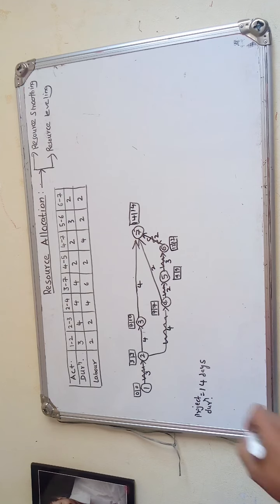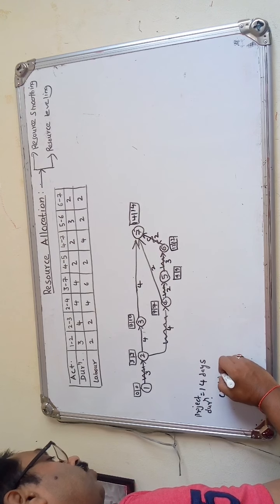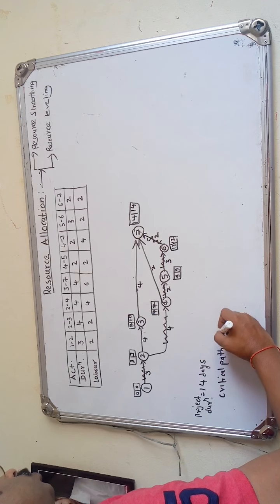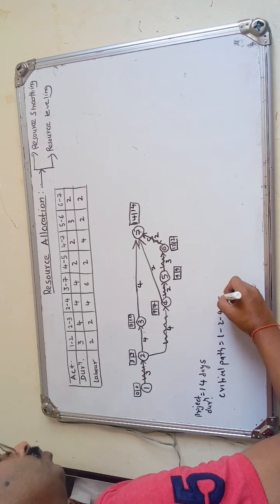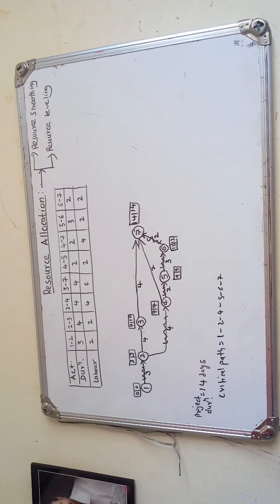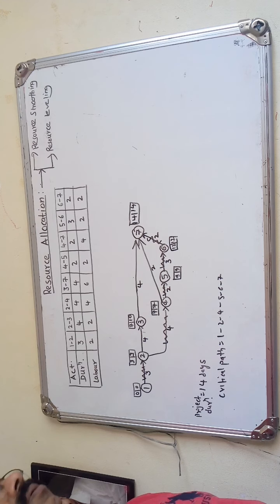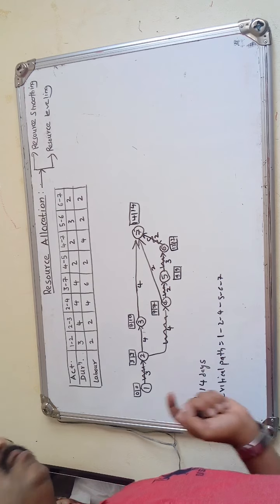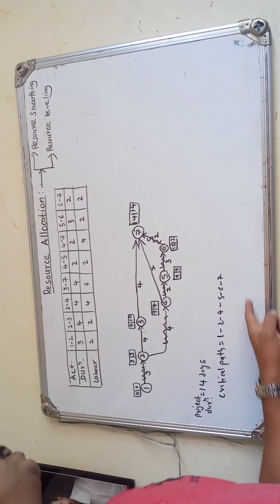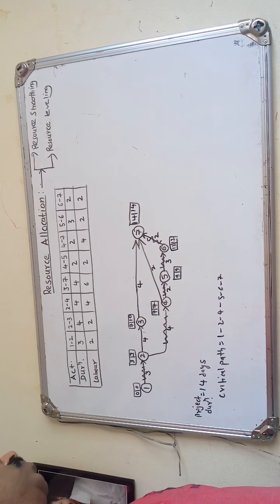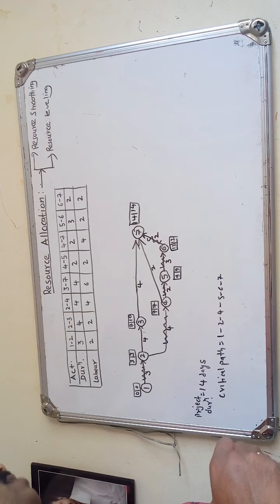The critical path we got is 1 to 2, 2 to 4, 4 to 5, 5 to 6 and 6 to 7. Now in the time scale version diagram we have to first draw the critical path. It means we require 14 days. So by choosing a suitable scale, we have to draw this time scale diagram.